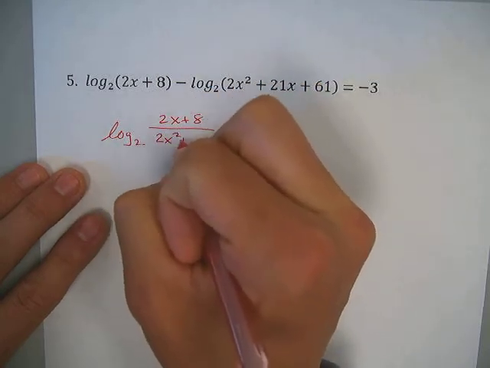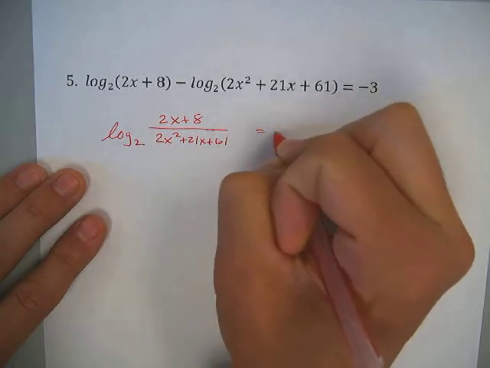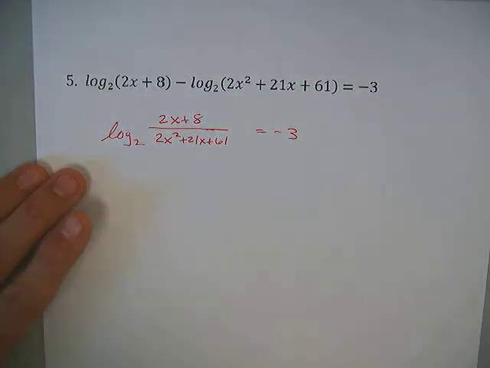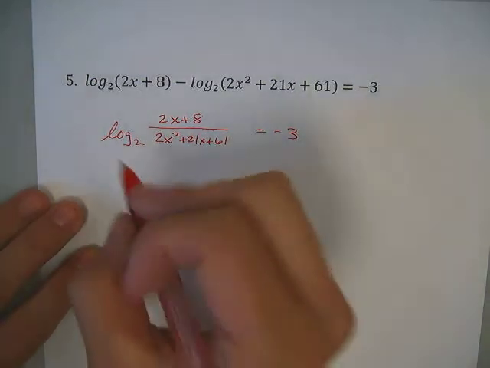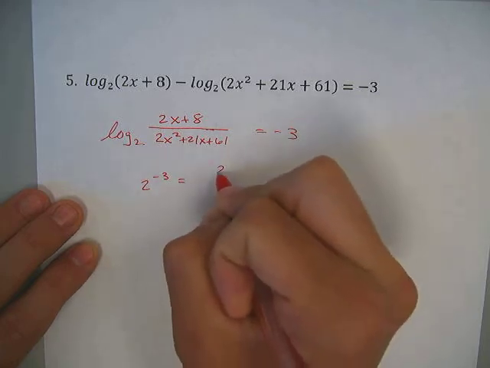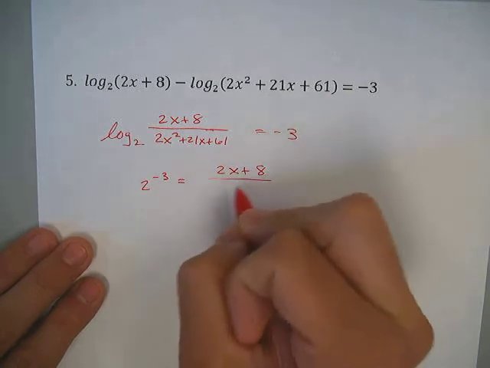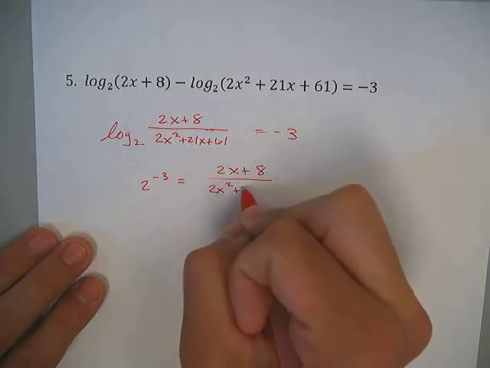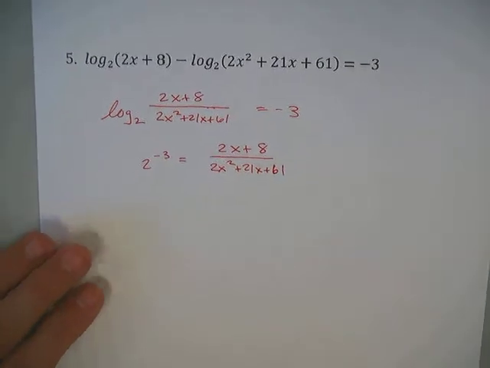Okay, so this is what I would do. I would do log base 2, and I would do 2x plus 8 on top, and all this stuff on the bottom. Very simply, I would rewrite this exponentially: 2 to the negative third equals all of this good stuff.